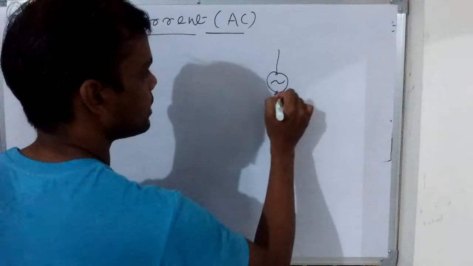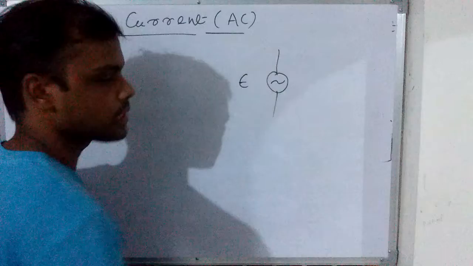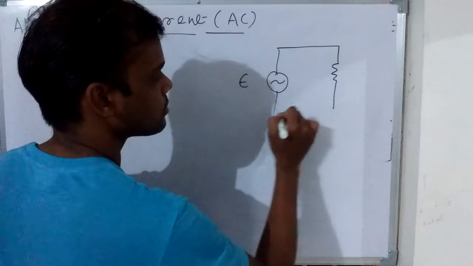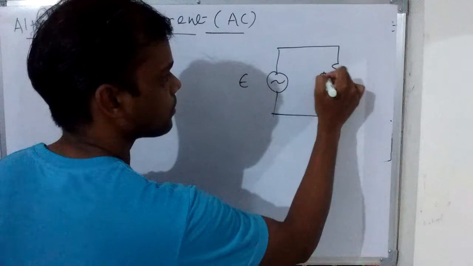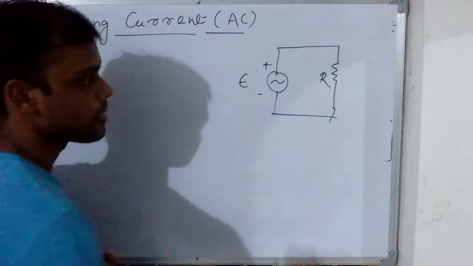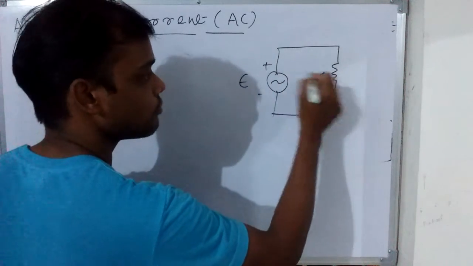So this is a typical AC voltage symbol. Let it be epsilon. It is applied across a resistor R. This is plus, this is minus, and if voltage is applied, of course current will flow.